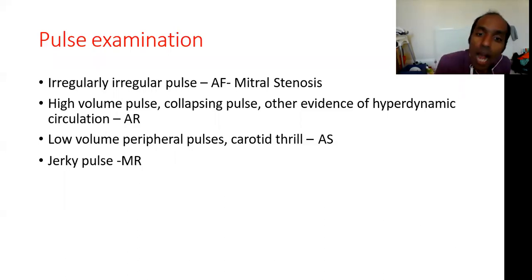So if you feel a high volume collapsing pulse, okay, and a very hyperdynamic circulation like that, you know you are dealing with aortic regurgitation. ඇයි මේ aortic regurgitation එකේ collapsing pulse එන්නේ? Because in aortic regurgitation, blood is gushing into the aorta.